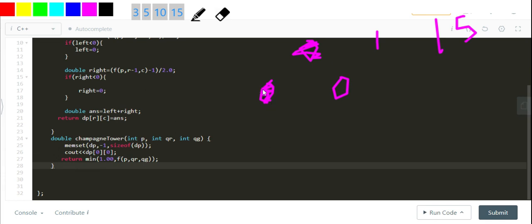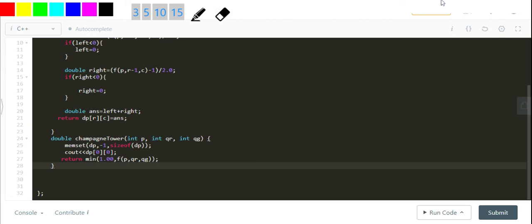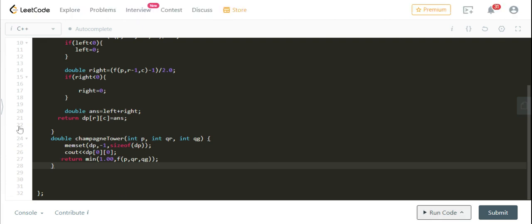I need one to fill this. I need how many to fill this? I need one more to fill this, and I need one more to fill this. So at max, I will need three only, right? So what will I do of these unused more 12 glasses, right? So that cannot be my answer. So at max, if I have a lot of glasses left, what will I do? I'll just return one at that point.